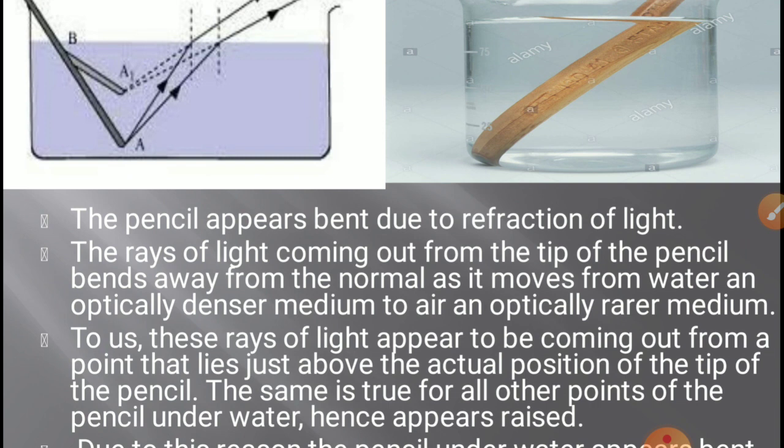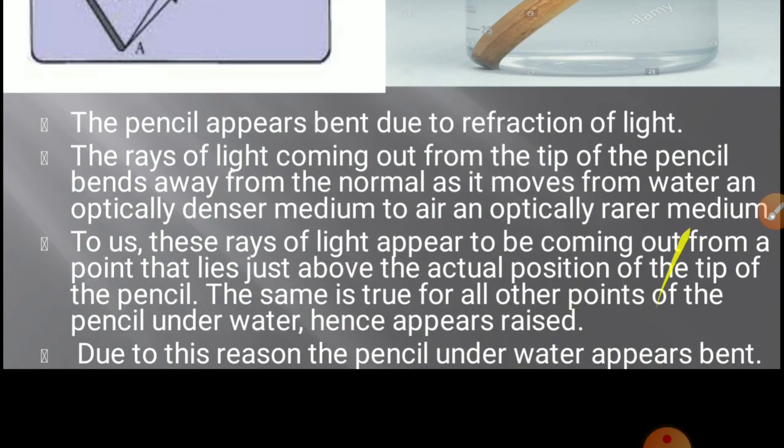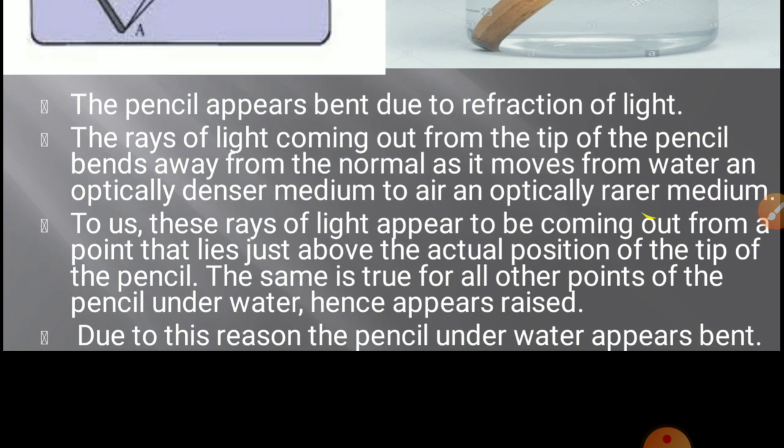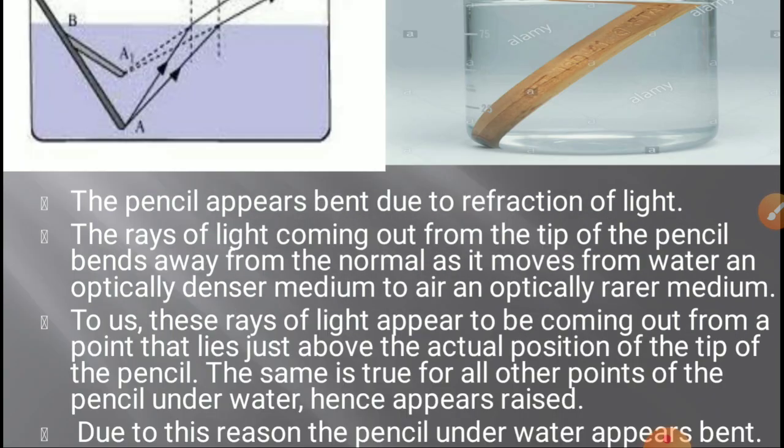To us, these rays of light appear to be coming out from a point that lies just above the actual position of the tip of the pencil. And what is true for the tip of the pencil, the same is true for all other points of the pencil underwater. Hence, the pencil underwater appears raised. Due to this reason, the pencil underwater appears bent.